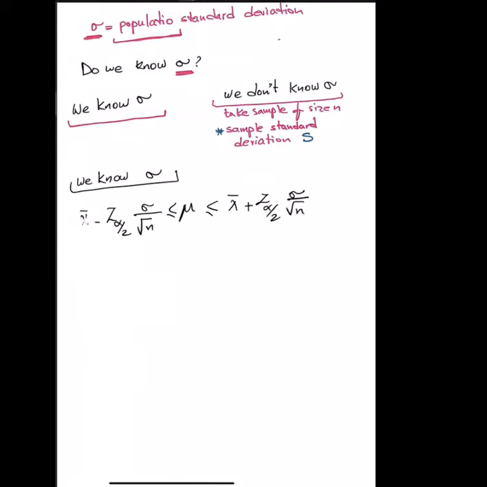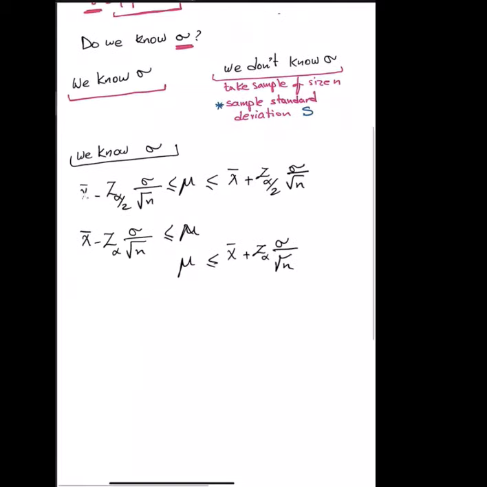This is a two-sided confidence interval. If I need a one-sided lower bound, it would be x bar minus z of alpha sigma over square root of n. And if I need a one-sided upper bound, it would be x bar plus z of alpha sigma over square root of n. So this is for the scenario where sigma is known.